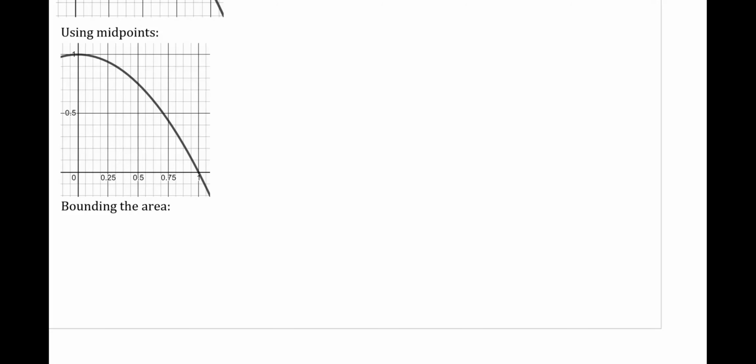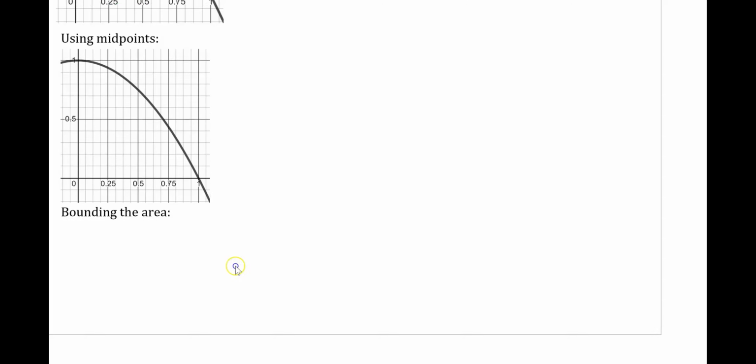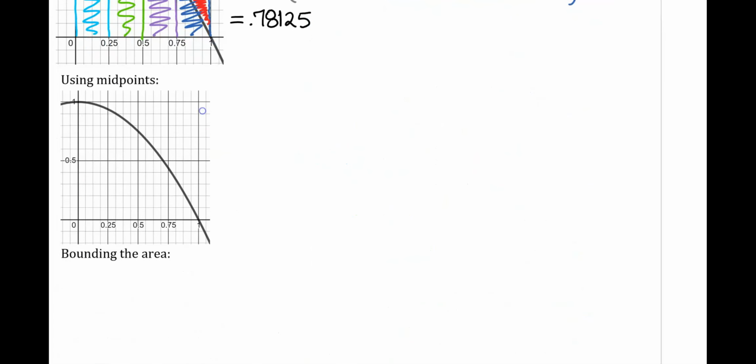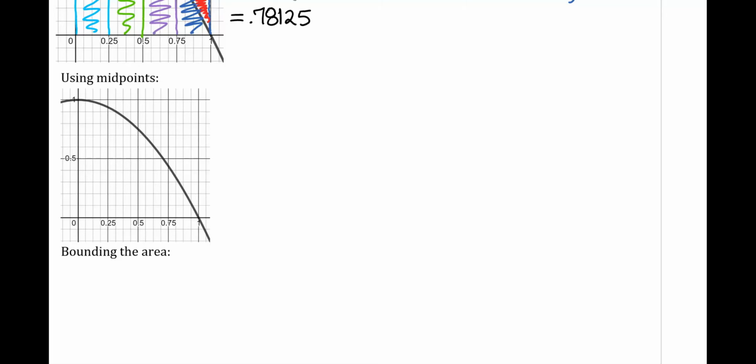In the last part of this example, we are going to not use left or right, but midpoints to make our rectangle. And then we're going to look at all three of the estimates that we have from the right endpoints, from the left endpoints, and then from the midpoints, and use those to bound our area.